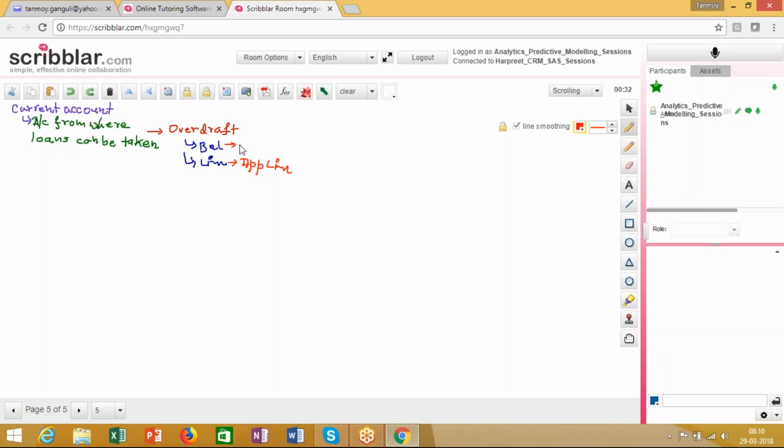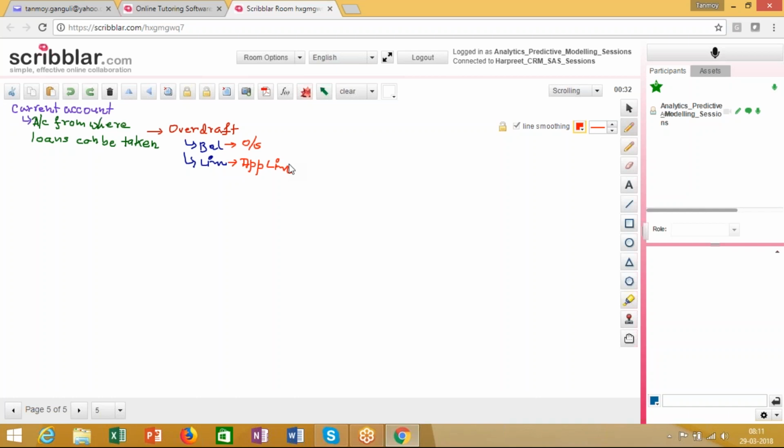Now the second part is balance. Balance is the amount outstanding on the books of the bank for this account. So what is this amount outstanding? Say for example my limit is 20,000, but I have withdrawn 8,000 rupees.